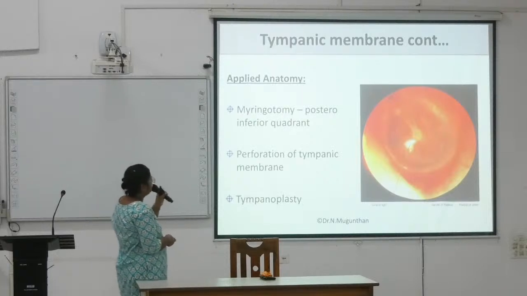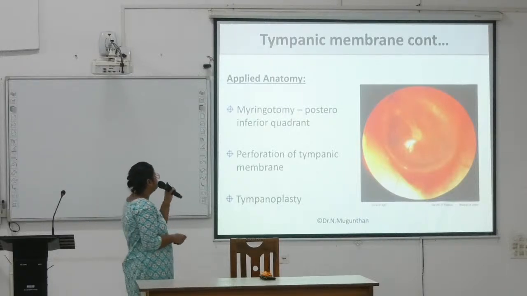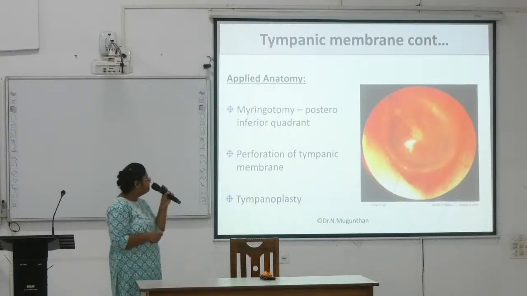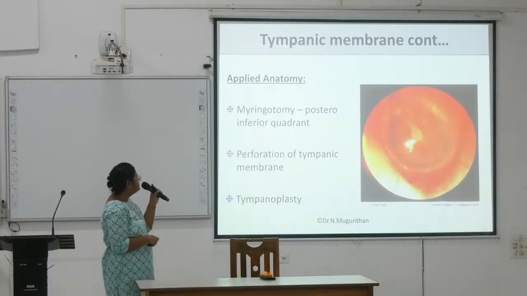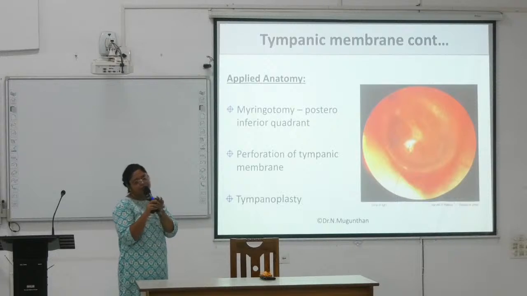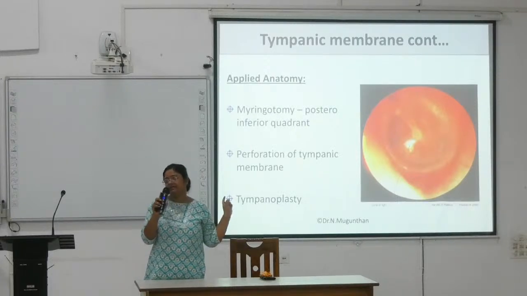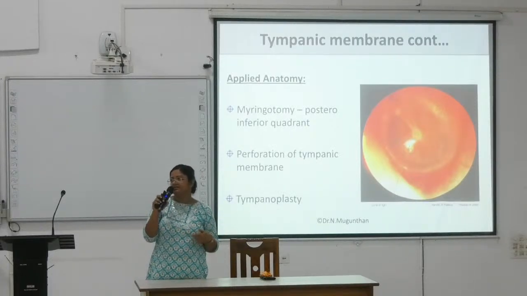Also, in some infection or injury, perforation of the tympanic membrane can occur, and the treatment of perforation is tympanoplasty. The graft can be taken from the deep fascia, mainly from the temporal fossa, the fascia covering the temporalis muscle here near the temple.